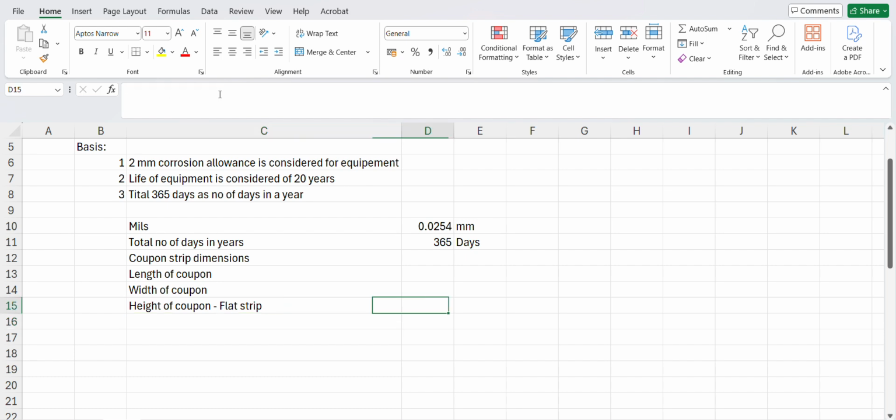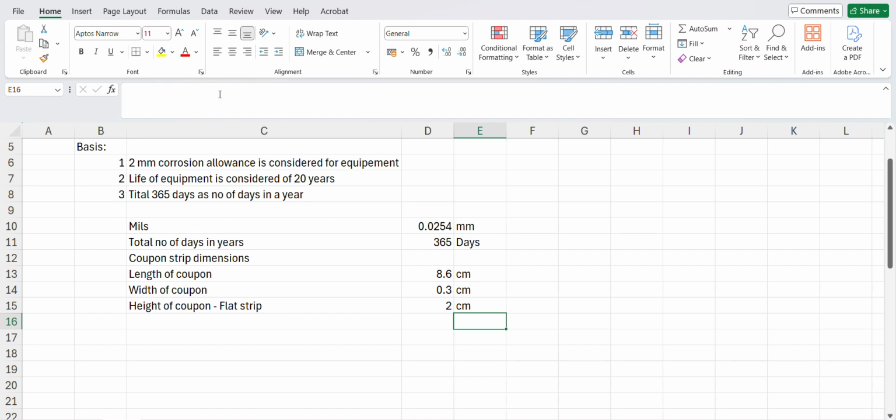Based on experience, we have assumed 0.3, then the length is 8.6 centimeter, and the height is 2 centimeter.